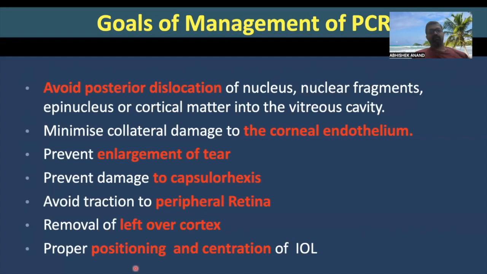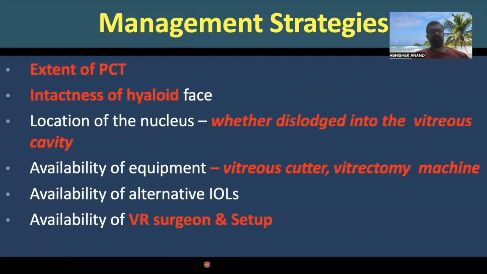And one of the most important things is proper positioning and centration of the IOL, and avoiding undue high astigmatism in the course. The management strategies would depend on the following things, and they can differ.